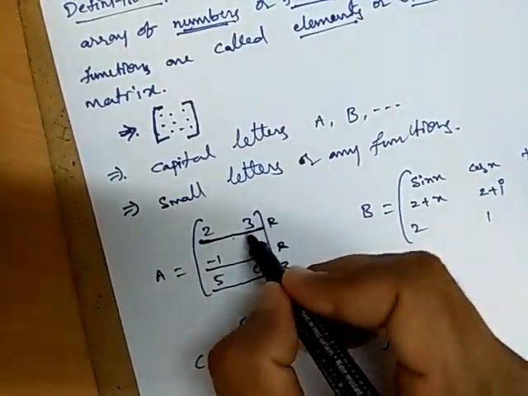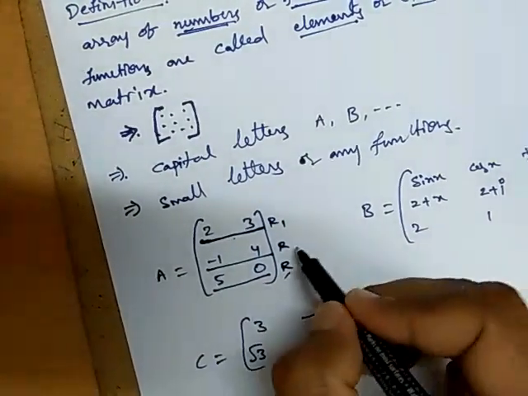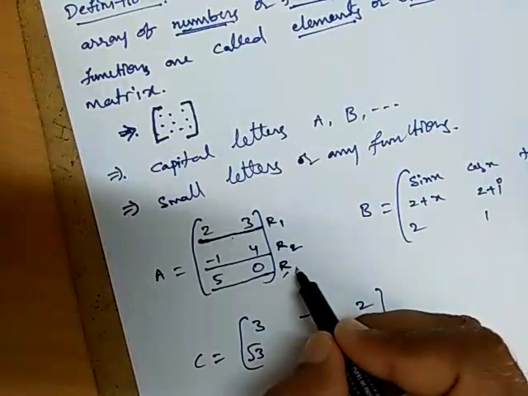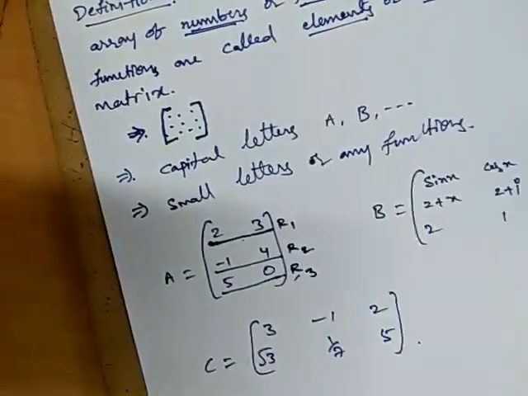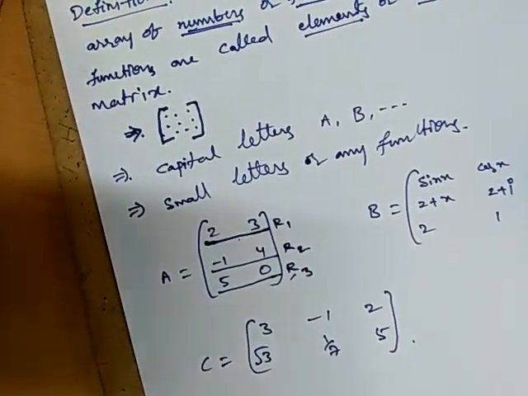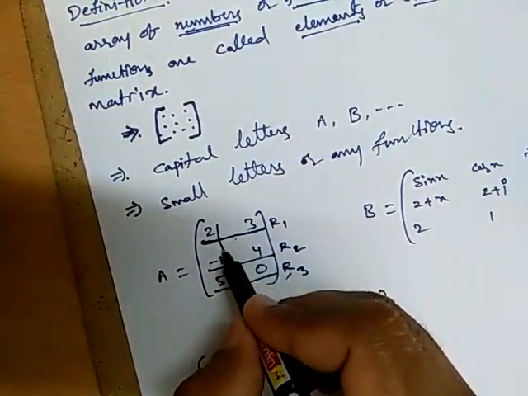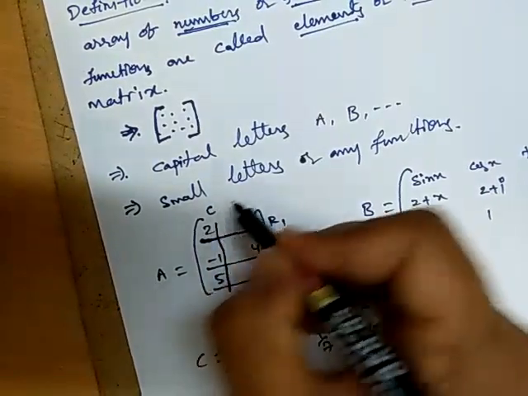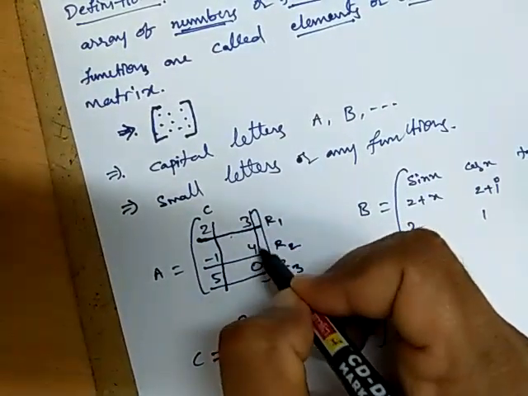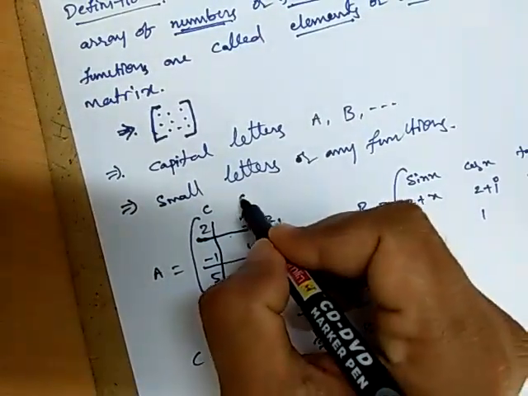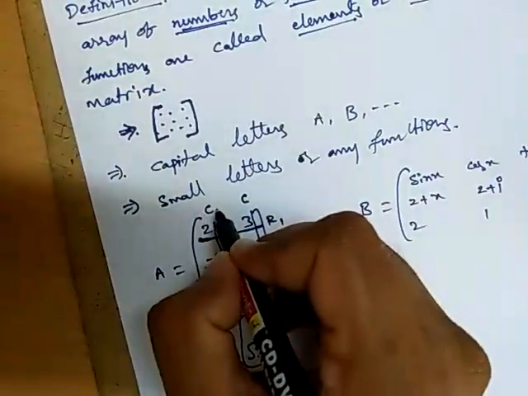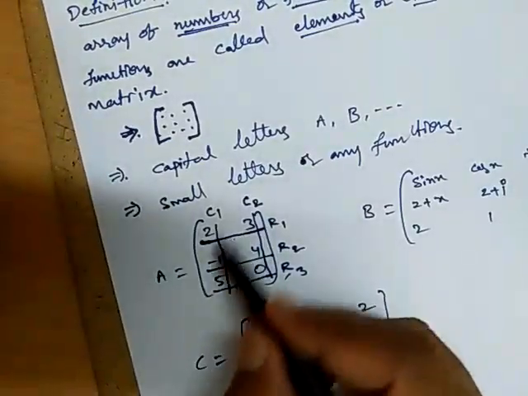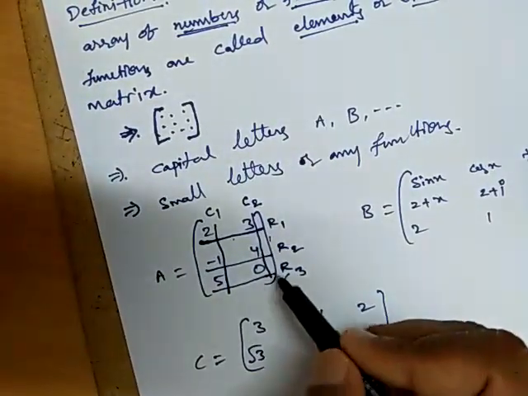So the first horizontal line gives us the first row, the second gives the second row, the third gives the third row: row 1, row 2, row 3. And a vertical line gives us a column, so this is column 1, column 2. Here in that particular A matrix we have 3 rows and 2 columns.